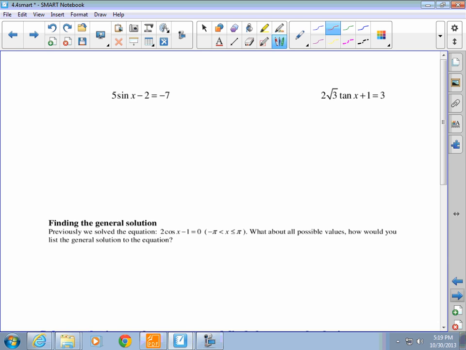Okay, next example. 5 sine x minus 2 is equal to negative 7. So I add my 2. So I have 5 sine x is equal to negative 5. Divide by 5. Sine of x is equal to negative 1. Now sine is opposite over hypotenuse.